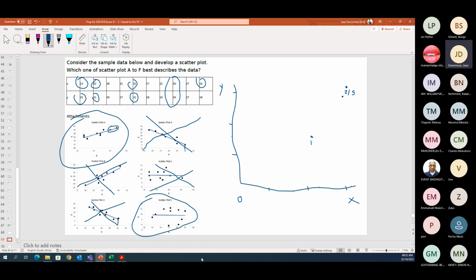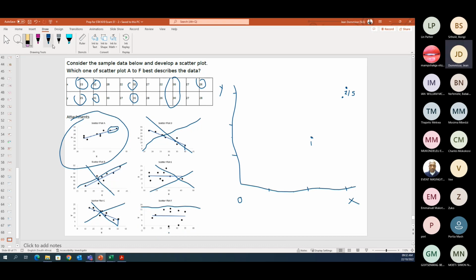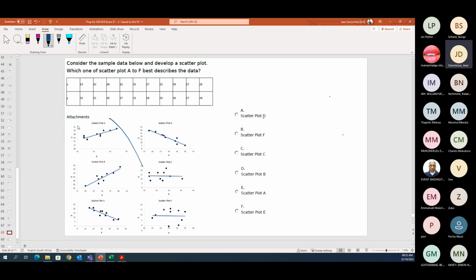The 50, 50, let's check on this one. So nothing about this one goes above 15. Okay, so you can see nothing is more than 20 on this plot. Let's look at all of that is above 20. So that one would have also actually been wrong. So the only one that it could have been is option A.